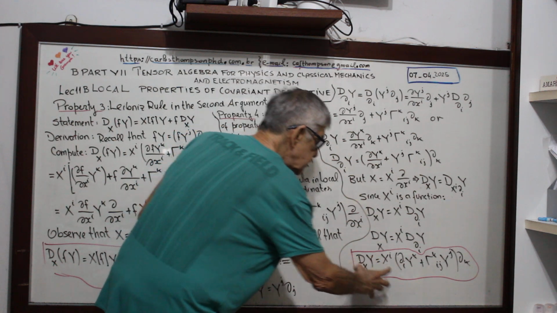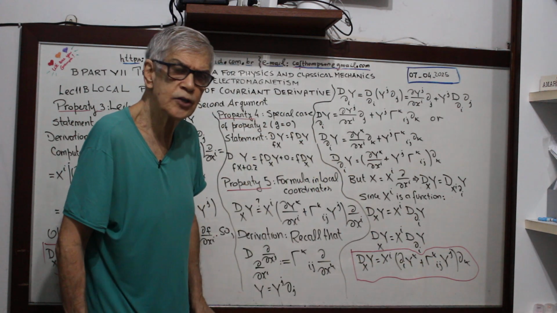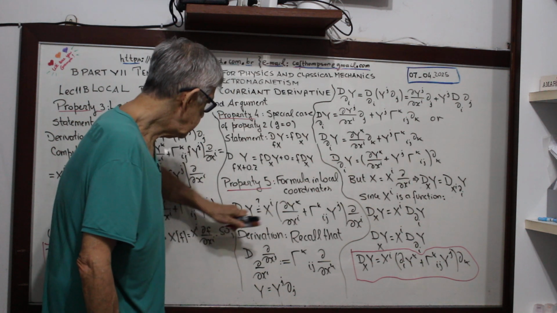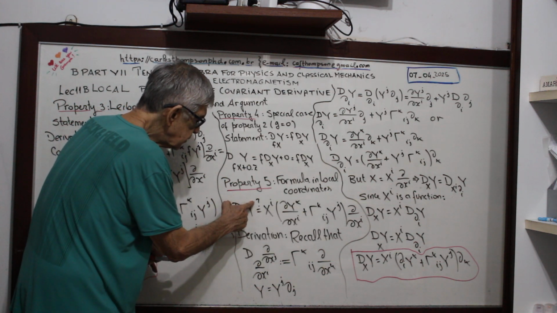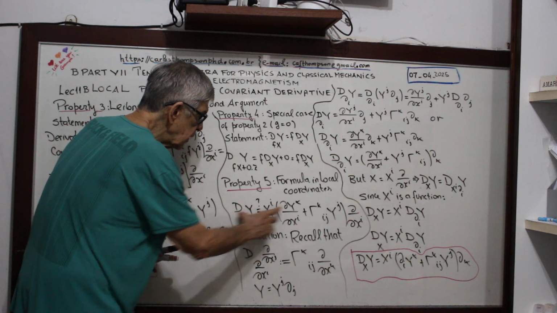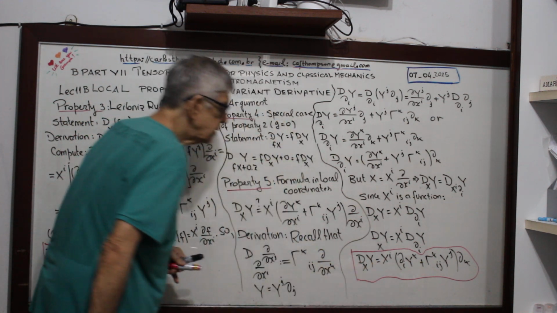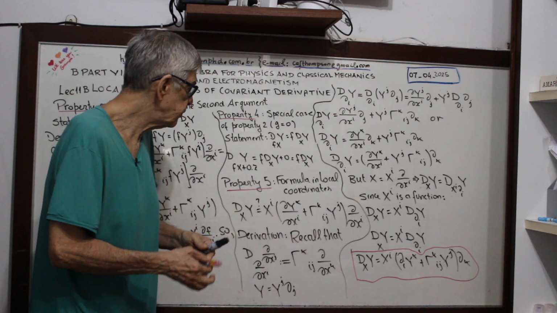So this leads to what I want, the final relation, step 5. This is a statement, you see there's an interrogation mark here, that I want to show, and this is what I obtained, the formula 5.